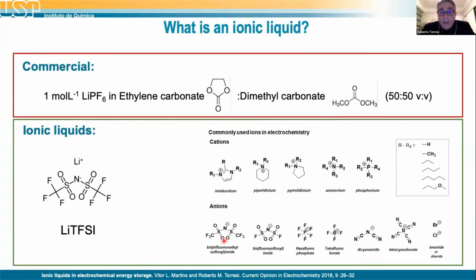And also you have a very nice family of different anions, like bis-trifluoromethylsulfonylimide. This is an anion that is widely used for electrochemistry because it's very chemically and electrochemically stable. The bis-fluorosulfonylimide also is very nice to do electrochemistry, and of course to use, for example, as electrolyte in batteries.